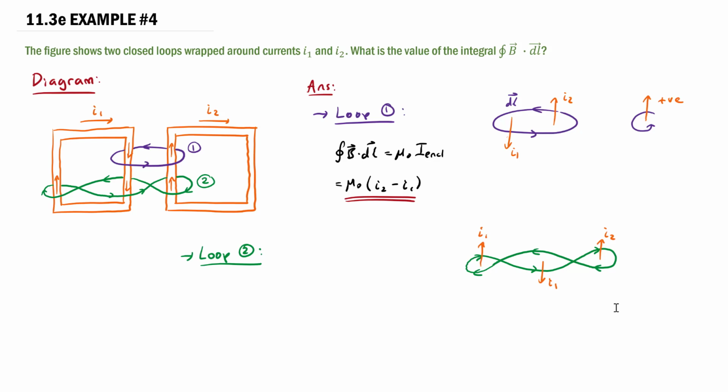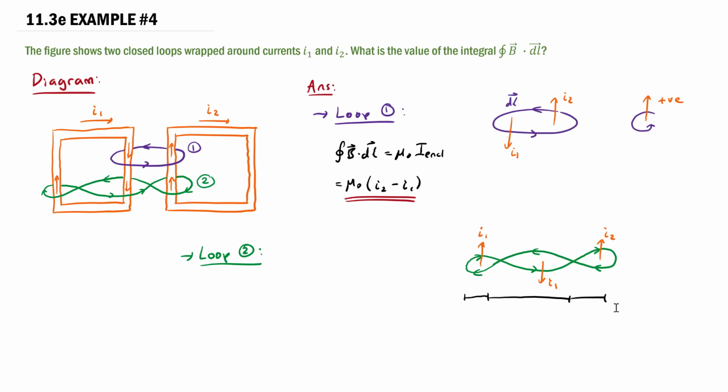For each of these, dl is different. So I have to determine which way is positive and which way is negative for current flow for each of these segments. Looking at the left one, dl is going clockwise.